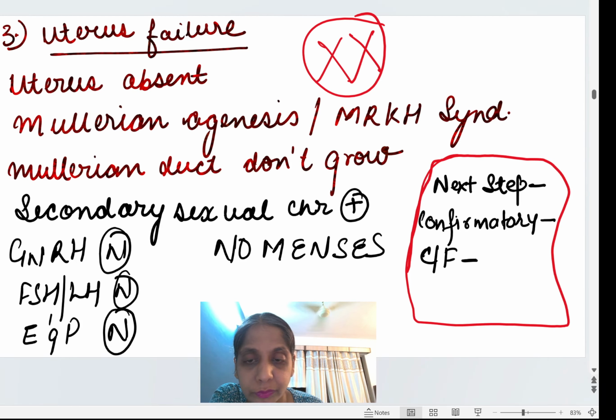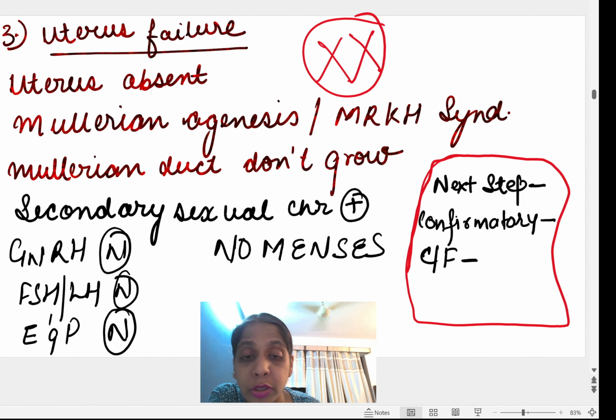So how are we going to treat this patient? How are we going to help this patient? Of course, the uterus is not there, so these girls can't conceive.